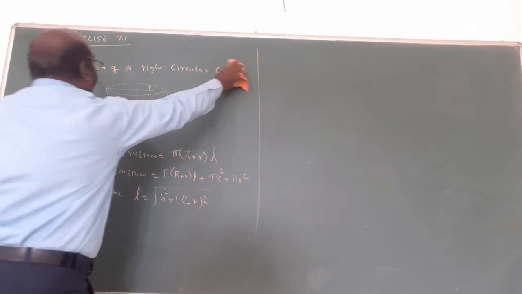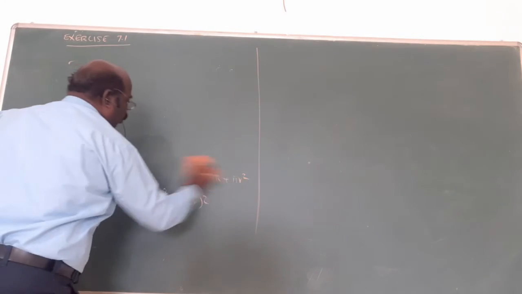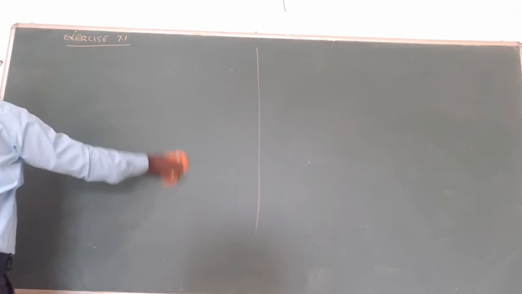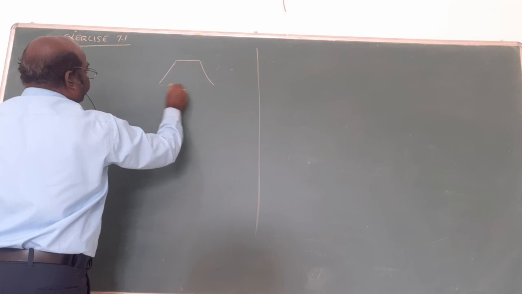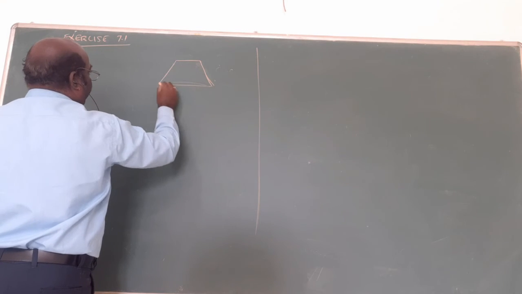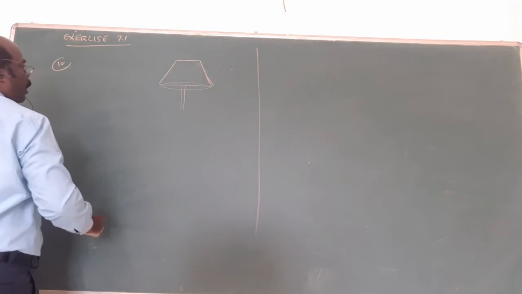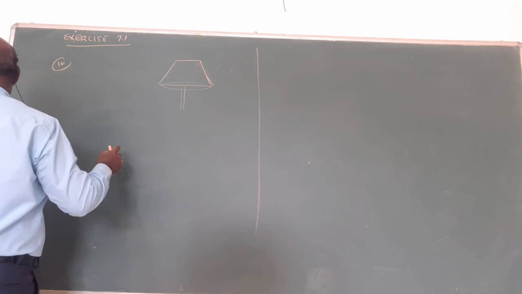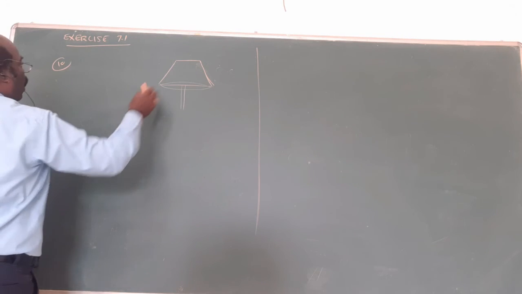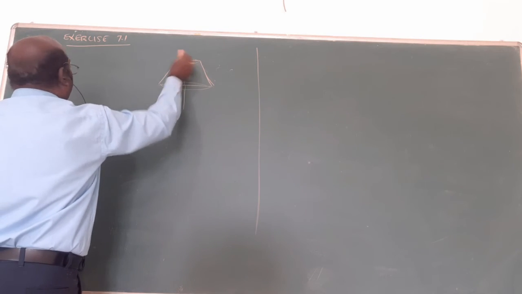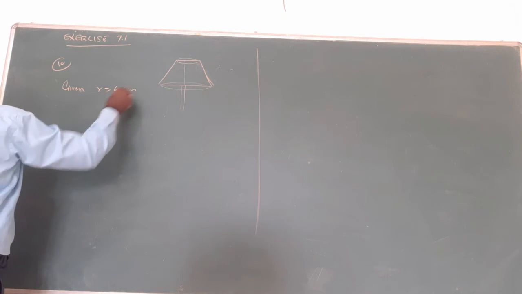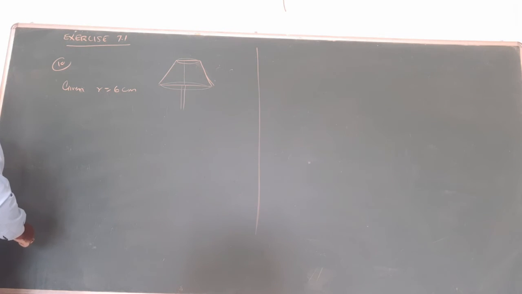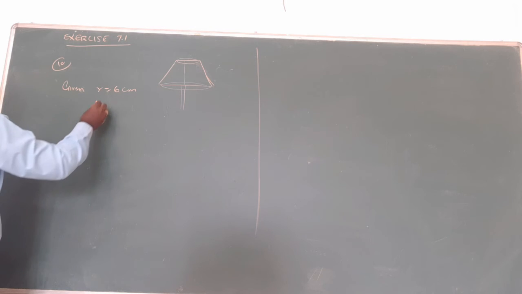By using this formula, the last question, the 10th question. A diagram is given. This is the form of a night lamp, shaped like a frustum. Here the top radius small r equals 6 centimeters, and capital R is also given.